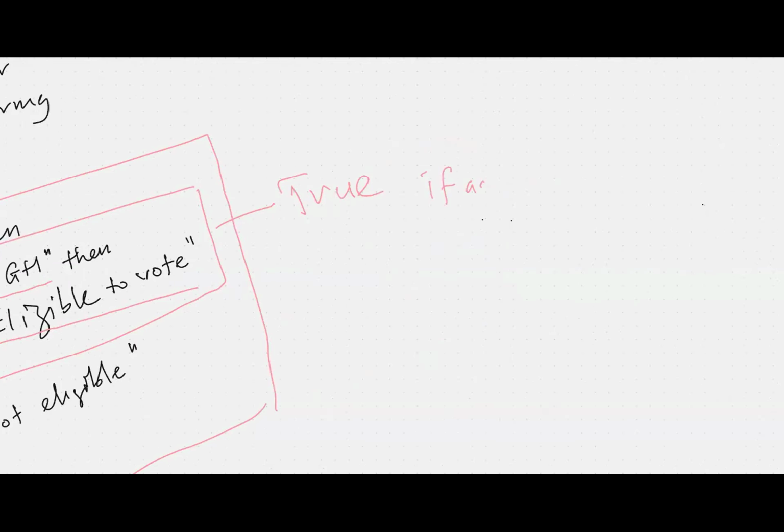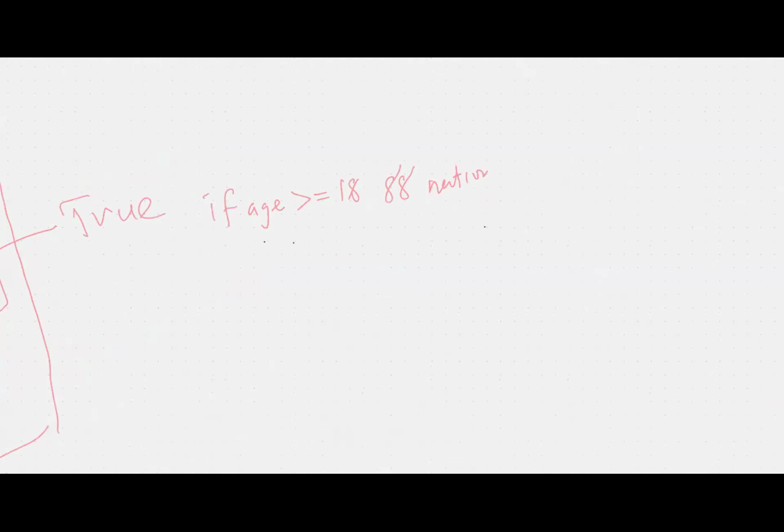So if age is greater than or equal to 18 and nationality is equal GH, then you write eligible to vote.